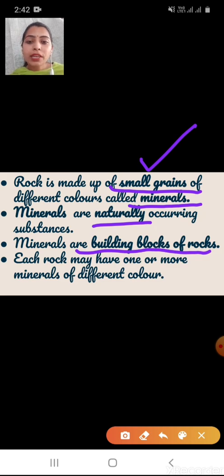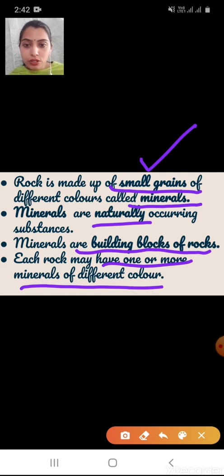Each rock may have one or more minerals of different colors. As I told you, every stone, every rock is different from each other in color and in size. So the minerals used in making them are also different.